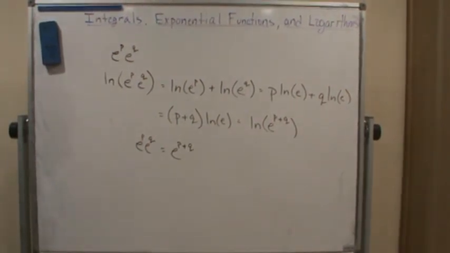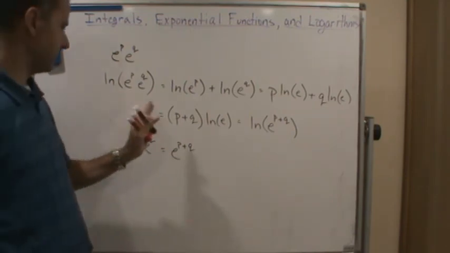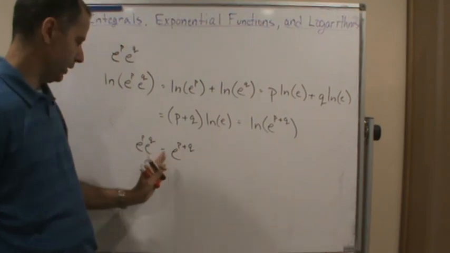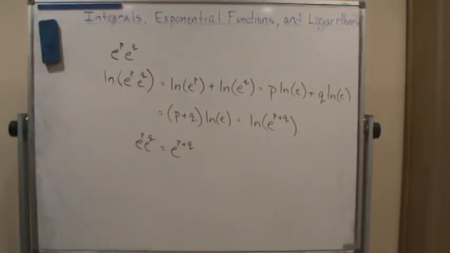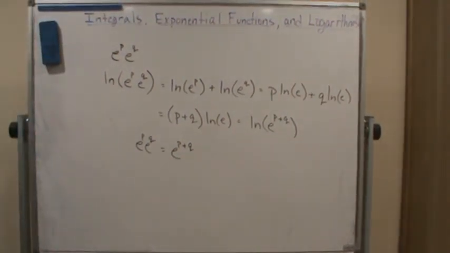Okay? Because it's one-to-one, then we know that the inverse exists. And so if this is equal to this, then we know that this must be equal to this. And so there's the proof for the first one.